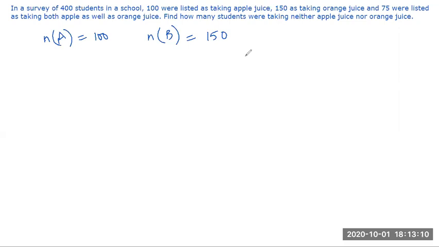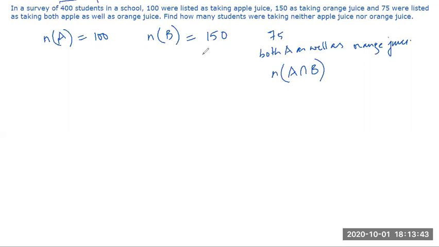And 75 were listed as taking both apple as well as orange juice. What does it mean? Apple as well as orange juice, both. So this will be n of A intersection B. Am I right?